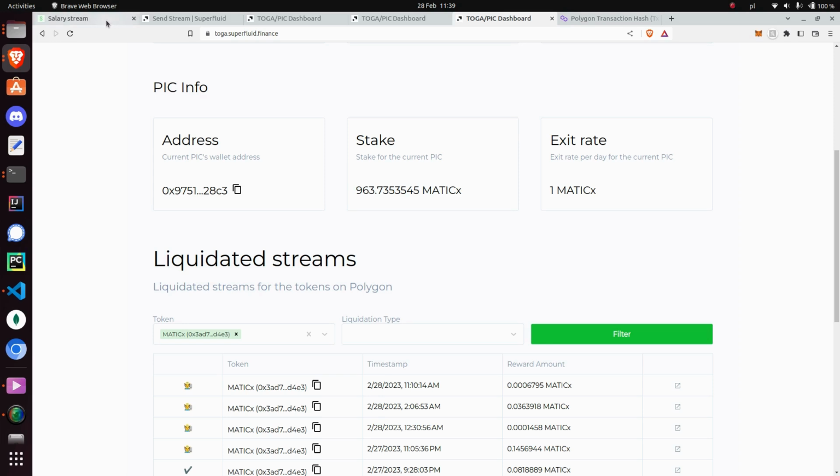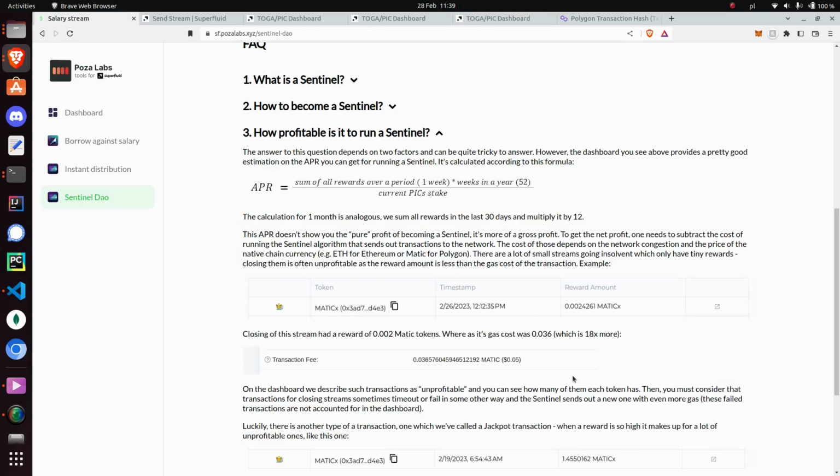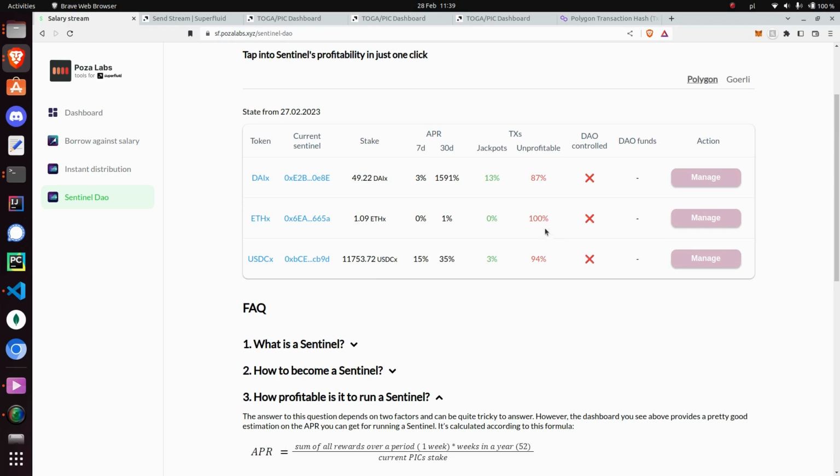So we've decided to also take those into account, not into the account of the actual APR. That would be a little tricky to calculate, but we wanted to show that it's also taken into account on this dashboard. And you can actually see that, for example, for Ethereum, 100% of those transactions are unprofitable.